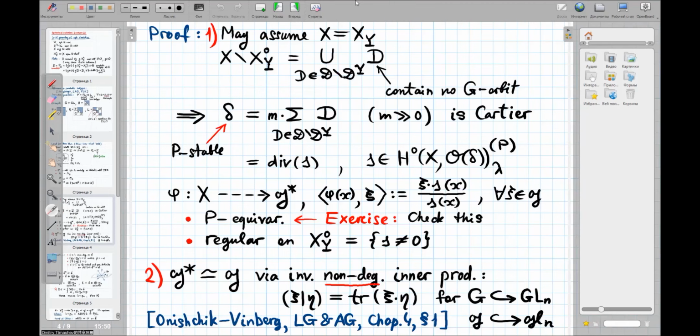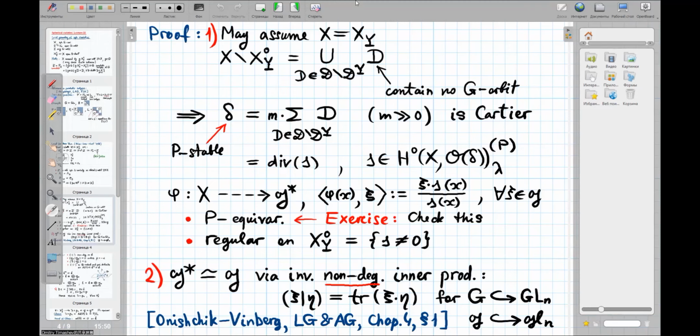So today we have proved this local structure theorem, which explains how spherical varieties look locally. On the next lecture, on Monday, we shall elaborate more on this local structure. We shall introduce a nice subclass of spherical varieties, whose local structure is even better understood than in the general case.